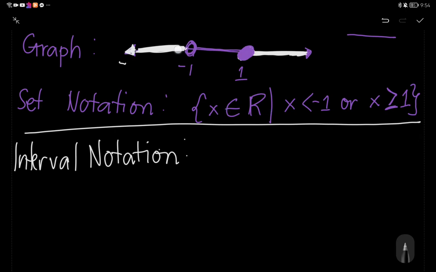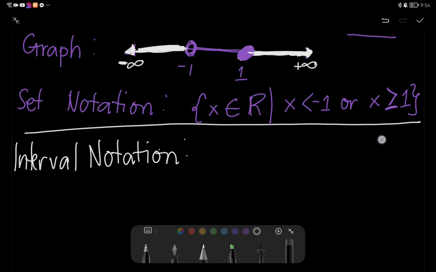So, from here, padulong dadto, that is -infinity. Walay kahumanan na infinity. And on the other side, from +1 going dito, that is positive infinity.